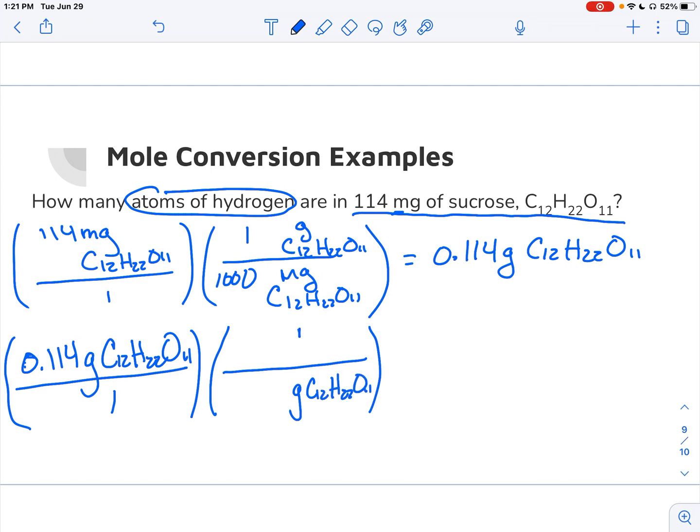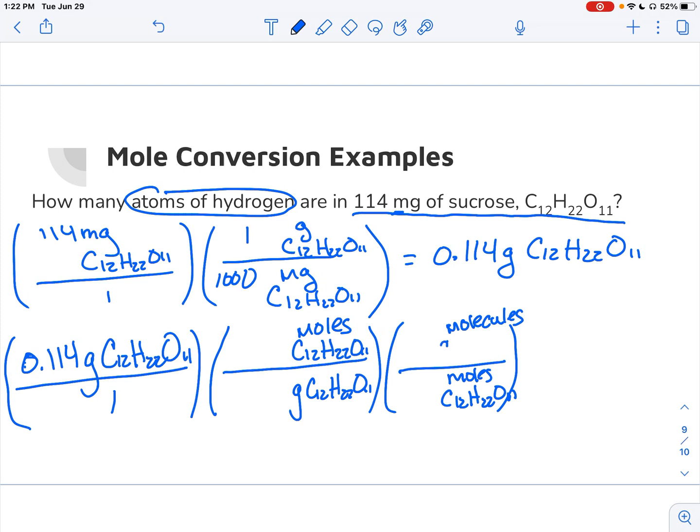The unit that goes on top is the next one on the little chart. And we're going to need 3 factors for this because we're going from grams to particles. You can write particles if you want, but since this is a covalent compound, it's also a molecule.